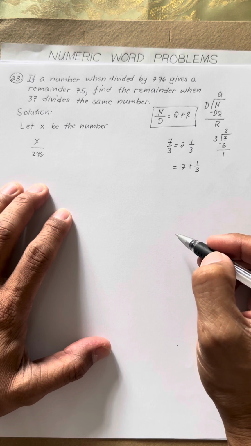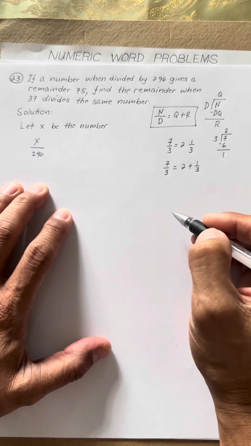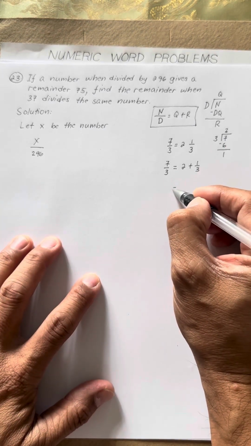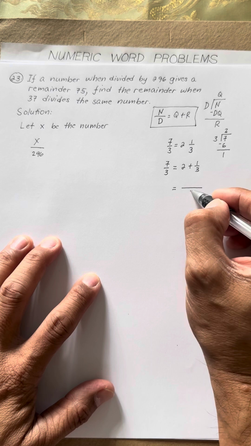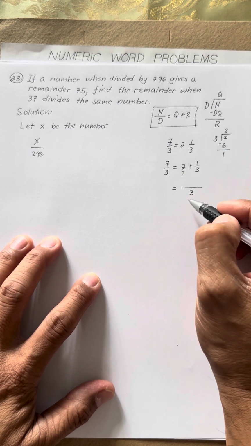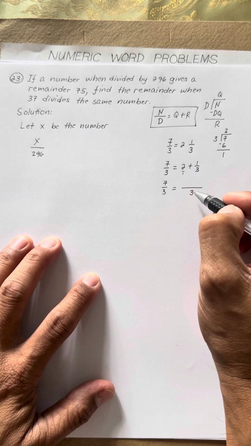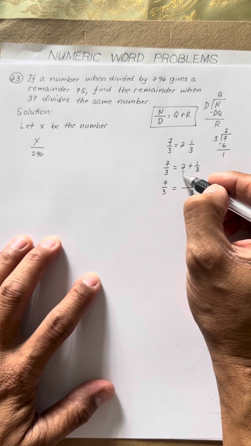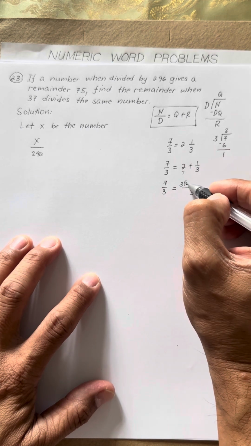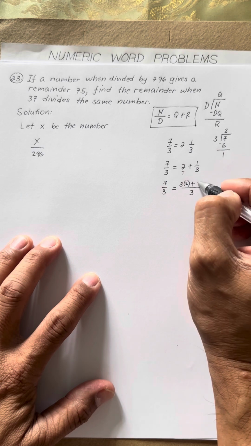Okay, so 7 over 3 is just equal to 2 plus 1/3. And if we find the LCD on the right side, LCD is 3. So this is understood over 1. So I will write the left side, 7 over 3. So 3 divided by 1 is 3, then times 2, then plus 3 divided by 3 is equal to 1.